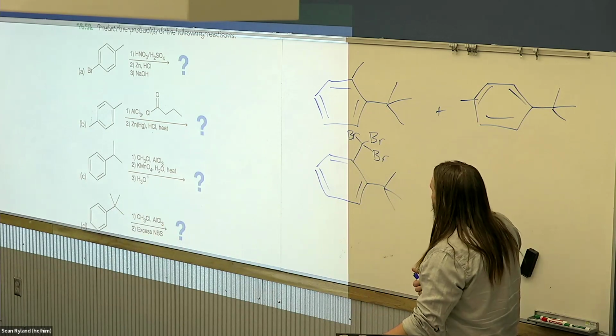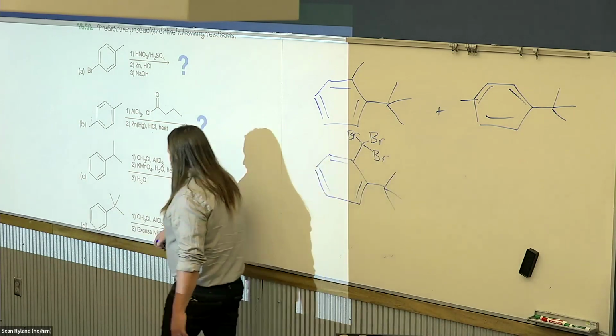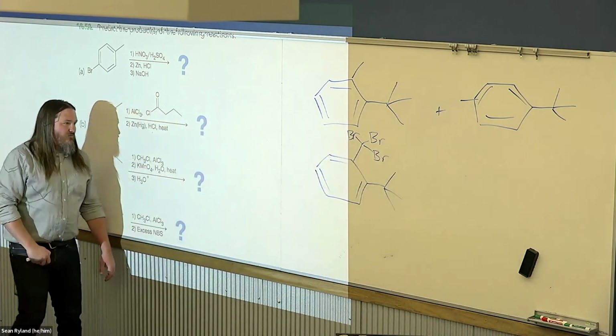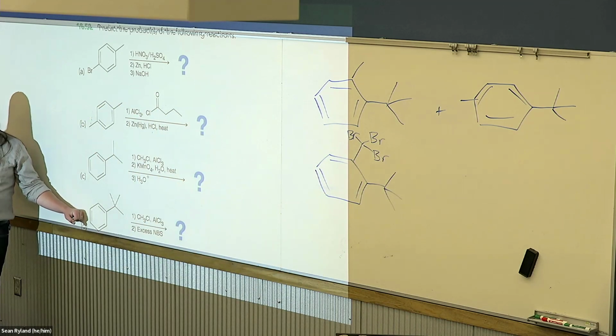And this is when we first learned or reviewed doing the NBS on benzylic carbons. Like, well, seems like we can't really break up the aromaticity, so it seems like we could just use Br2. Which is still kind of true, as long as we make sure we don't have any Lewis acids around.